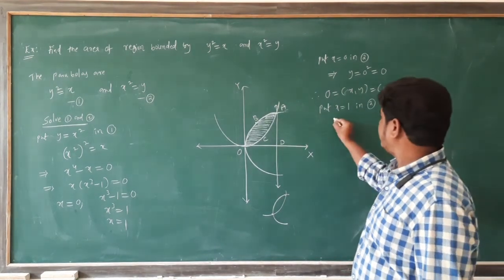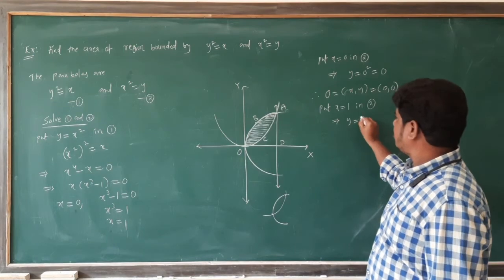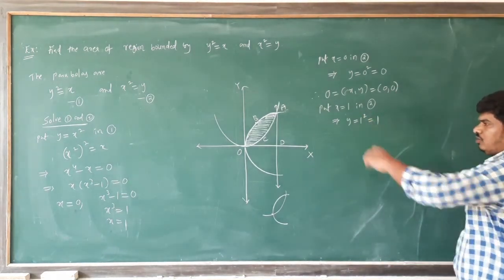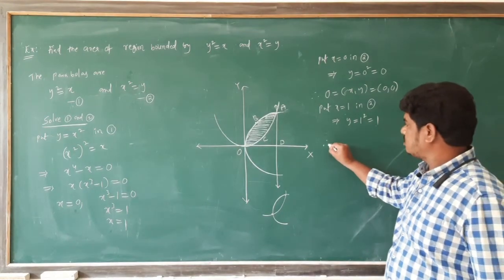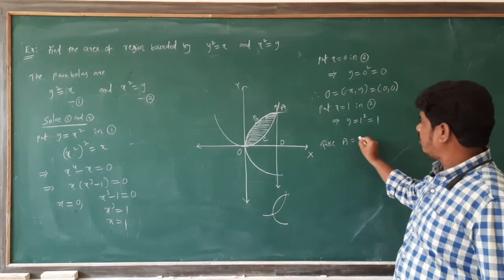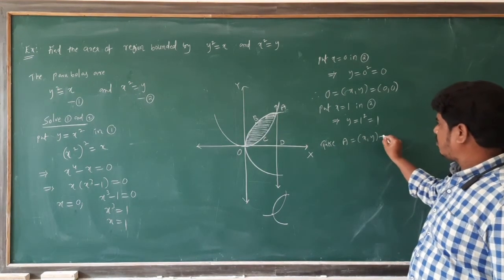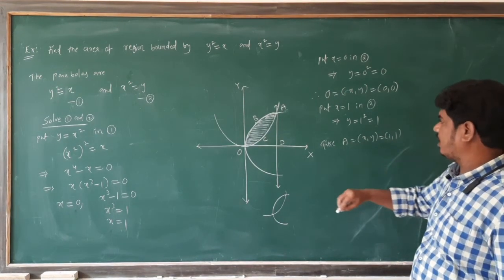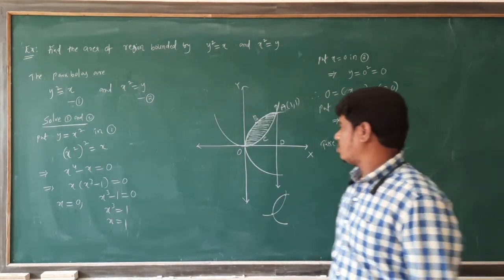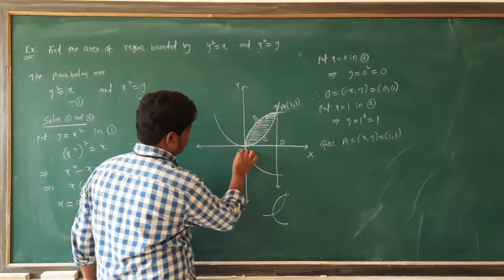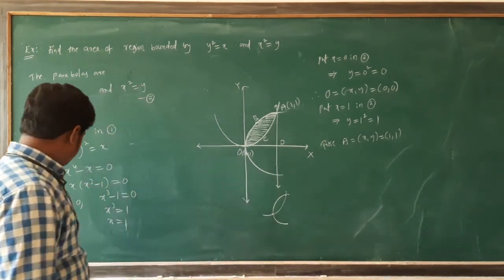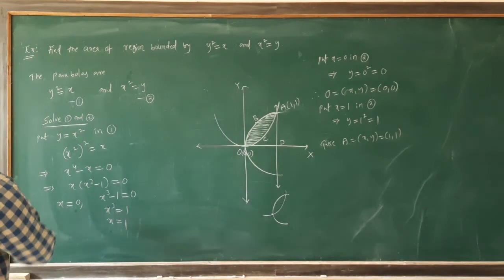What is the value of y? y equals 1 square, which is 1. X value 1, y value 1. Therefore A is 1 comma 1. So the coordinates of A are 1 comma 1, and the coordinates of O are 0 comma 0.